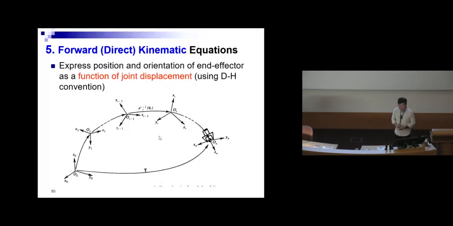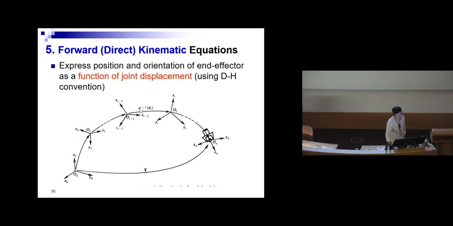Okay. Once we have all the frames, and we have identified the joints and the links, and so the joint parameters, the links and the joint variables, the next thing is you can form the matrix between every individual link.